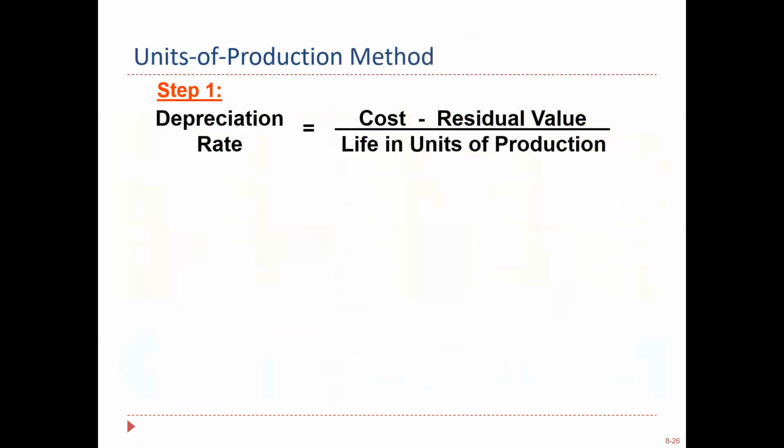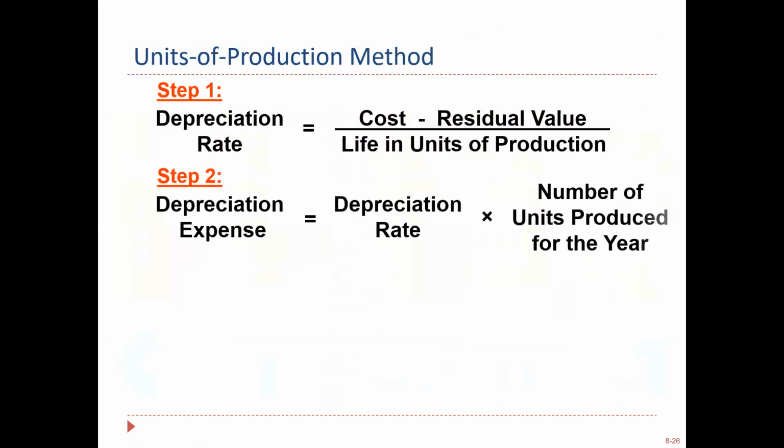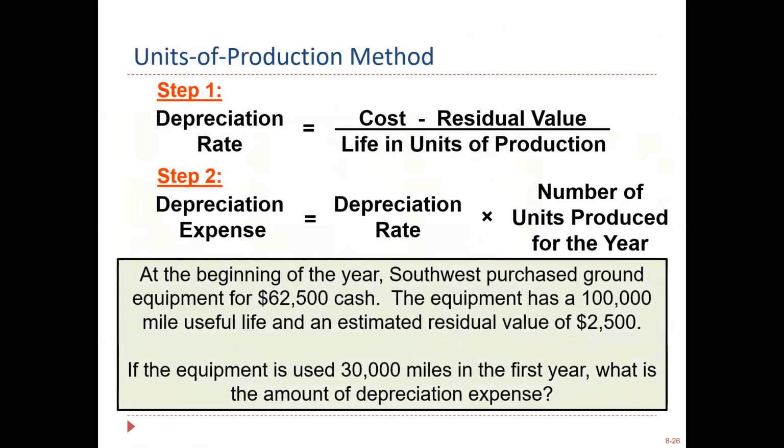Units of production method. If you understand this, you will also understand depletion when we get to that in a little while. Under this method, we're doing the same type of calculation.